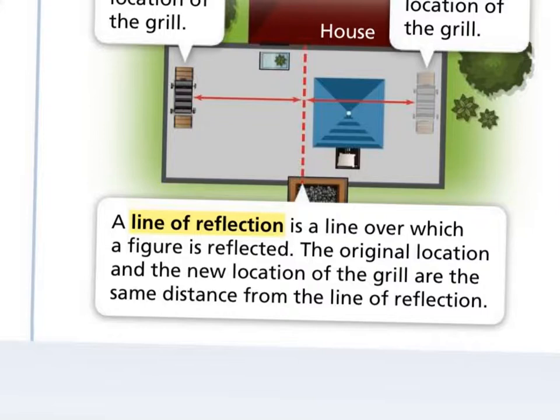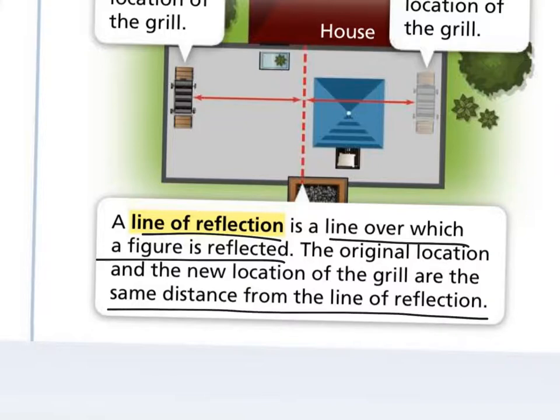So when we do a reflection, a line of reflection is just a line over which the figure is reflected. What's going to happen is however far we were away from the line of reflection before, when we flip over that line, we're still going to be the same distance away from it.